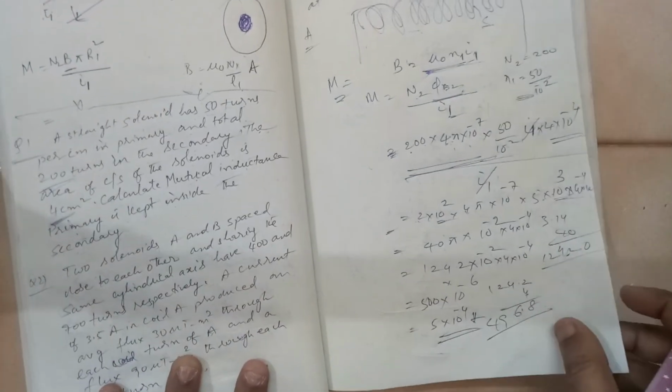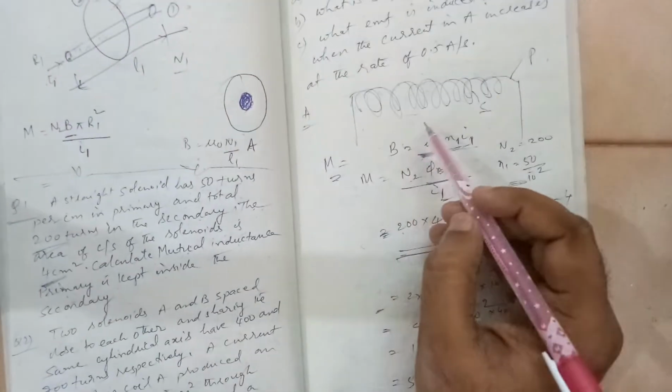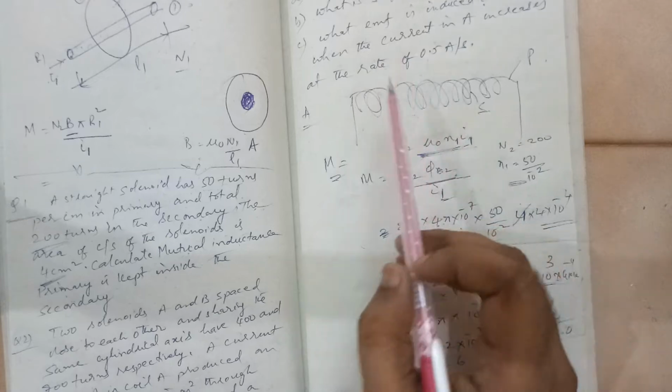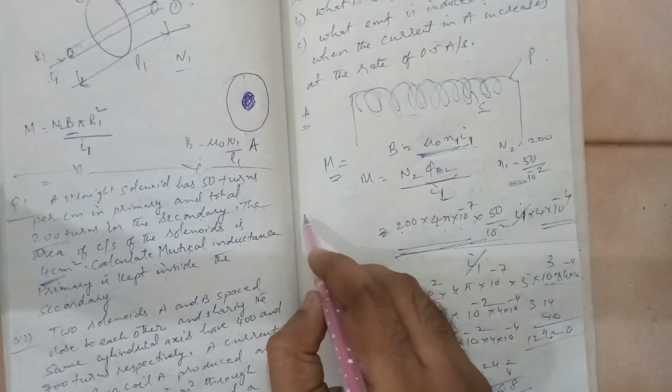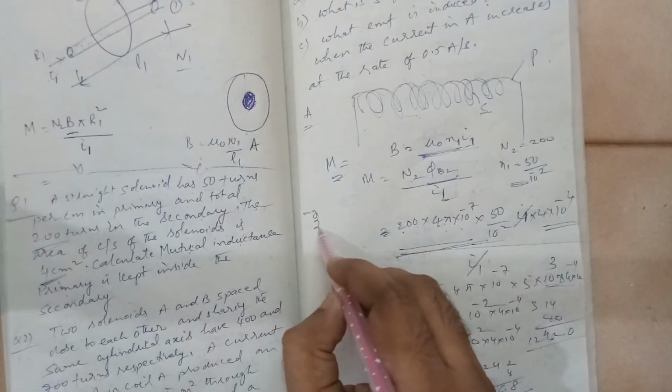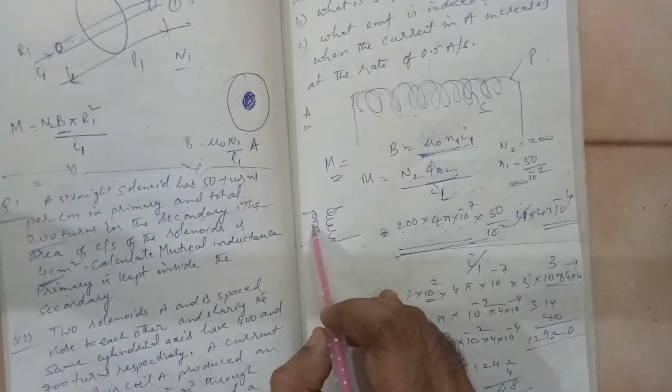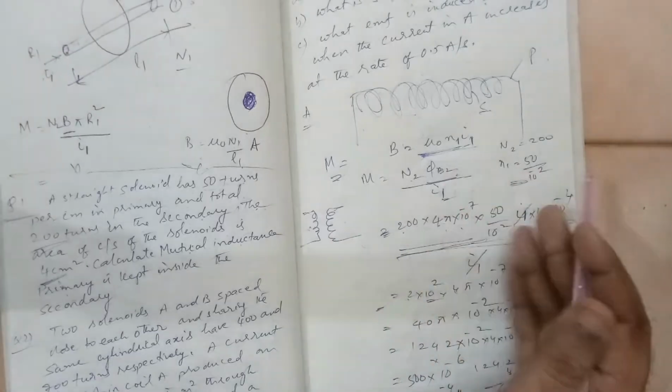Alright, let us move to the next one. See, in this problem we have kept one solenoid inside another solenoid. You can keep one solenoid in front of another solenoid also. Basically the flux of one should be affecting the flux of two.